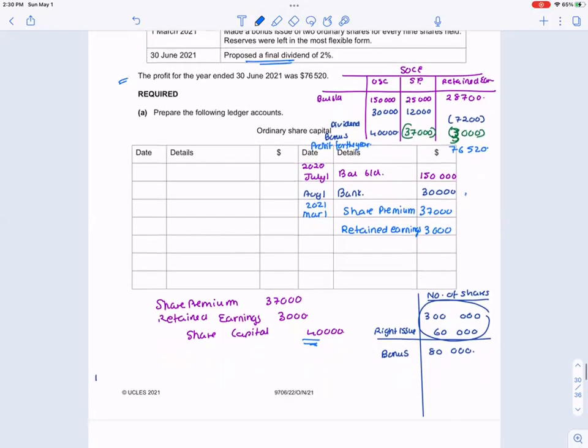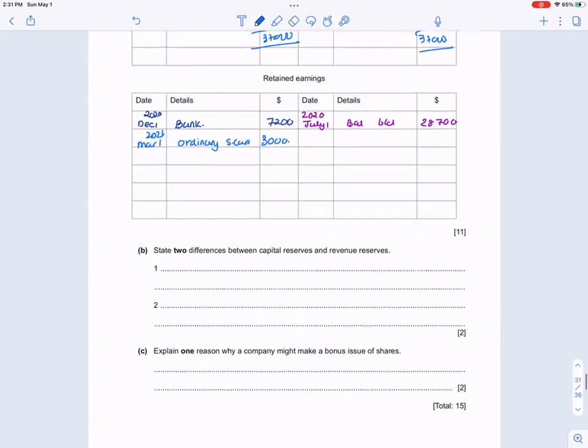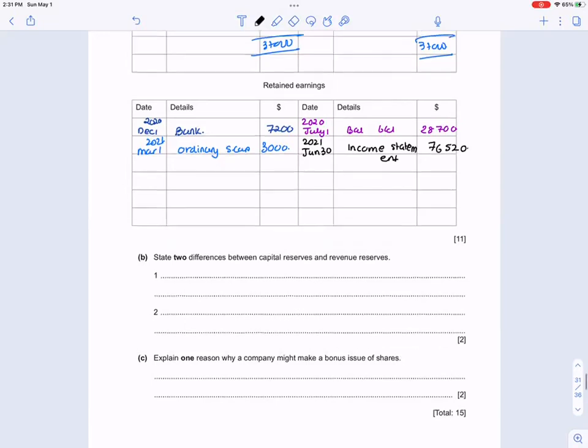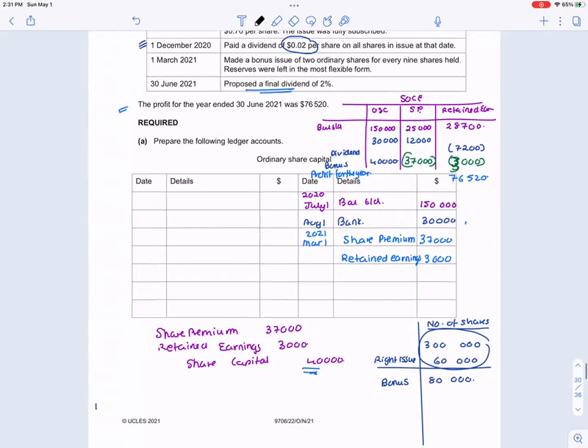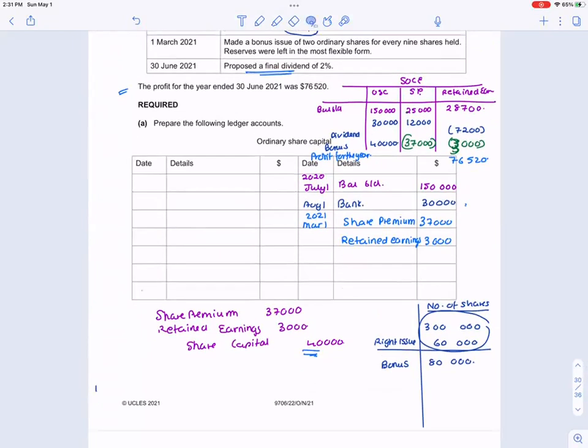Profit for the year is coming into retained earnings. From where does it come? It comes from the income statement, 76,520. And then you can close all your accounts and this sum is done.